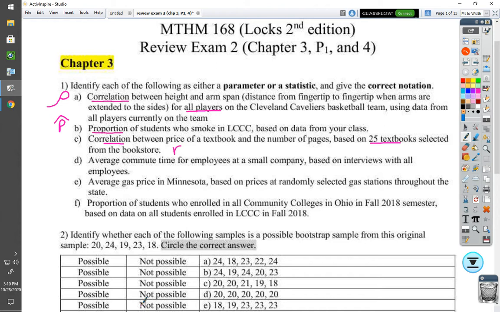The average commute time, so we're talking about average, so it's either mu or x-bar. For employees at a small company based on an interview with all, keyword here is all. This is a mu calculation. We have the average gas price in Minnesota based on prices from randomly selected people. Again, this is an average, but it's an average of a statistic, not of an entire group.